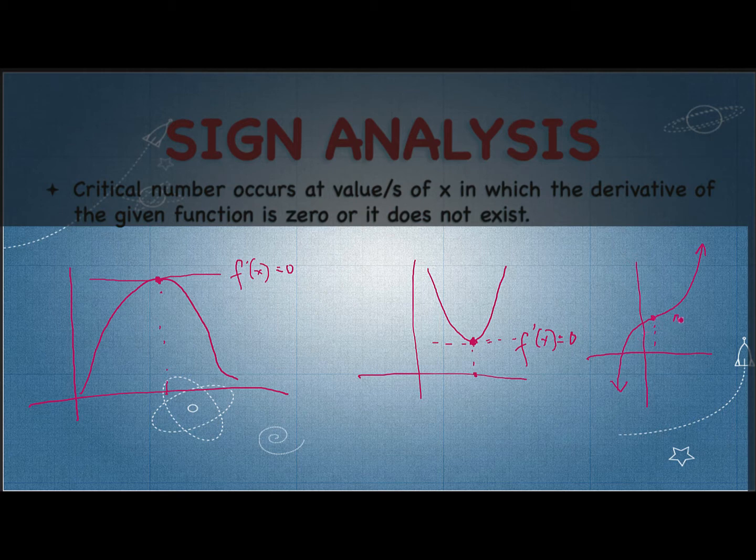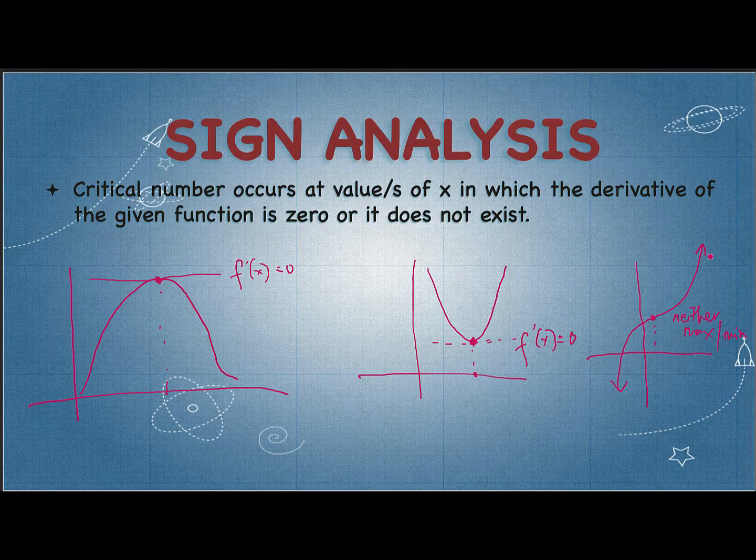So this one is neither max nor min. Okay? So in other words, if a function has a derivative equal to 0, we are very sure that that x value represents a critical number.